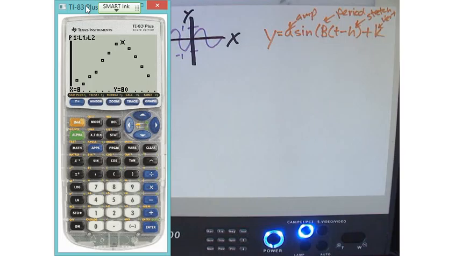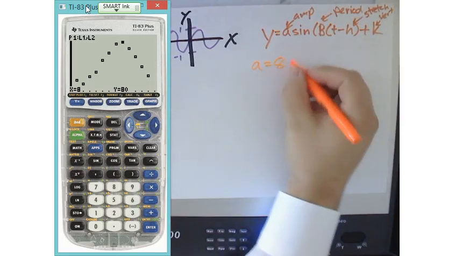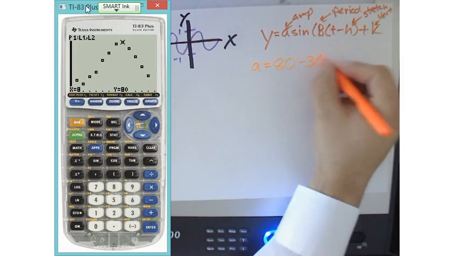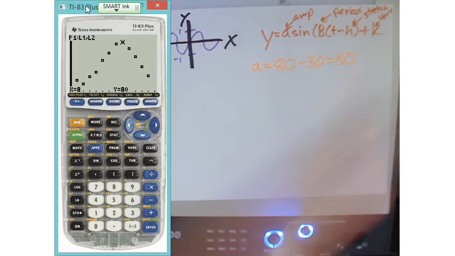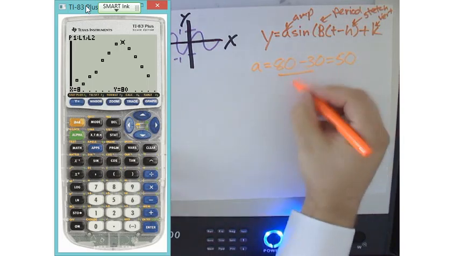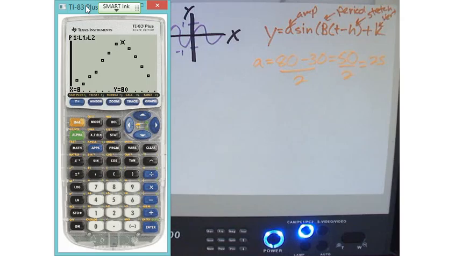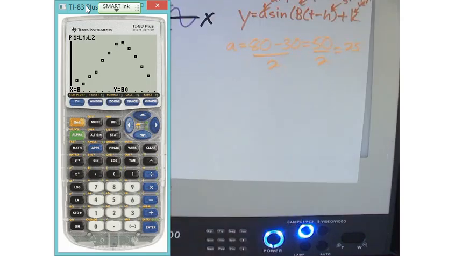Somebody said take 80 minus 30, which is 50. So the amplitude is 50? No, it's 20. It's got to be all this divided by 2, which is equal to 25. We're going to check this in a second, see if we're right. So the amplitude is 25.